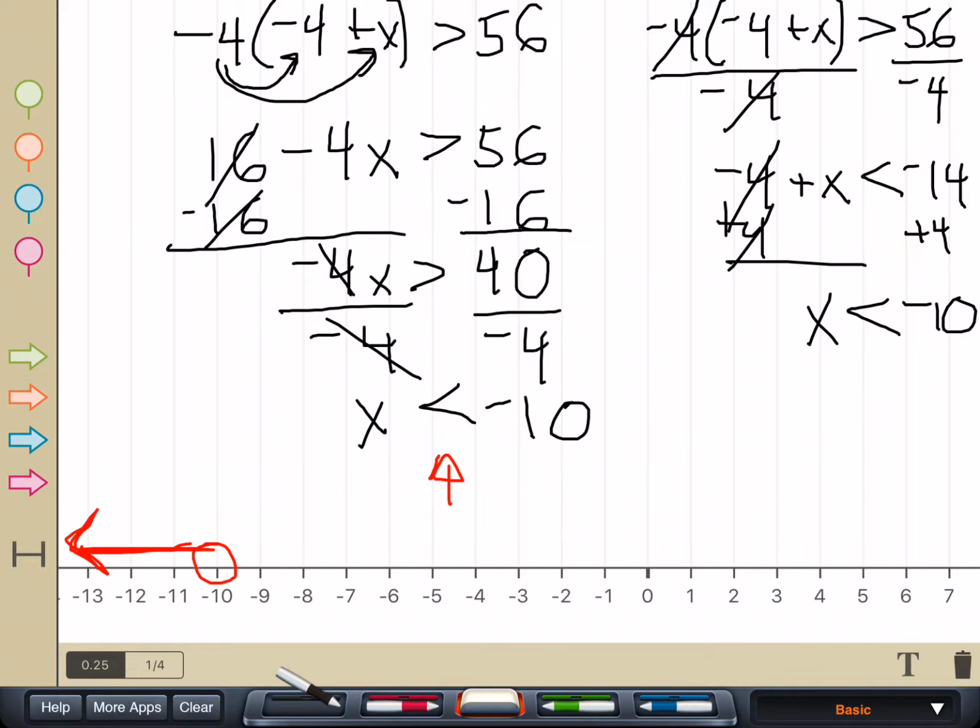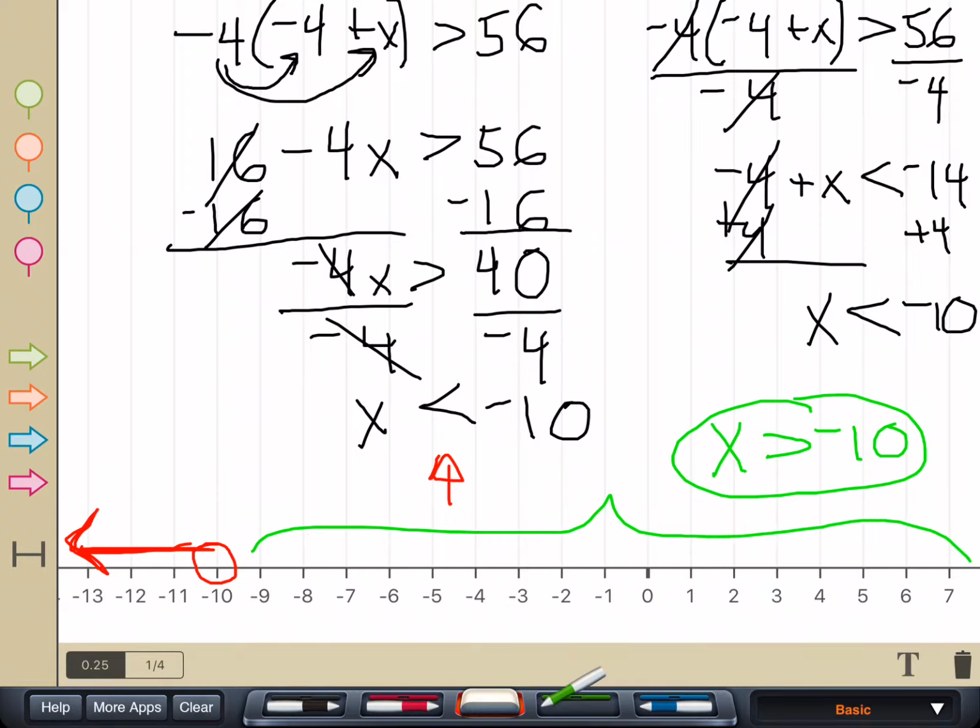Now, if we did not switch the inequality, if we kept x is greater than -10, we would be saying that any number here would make the inequality true. So let's see how that works. Let's pick a random number. Let's say we're going to pick -4. So if I put a -4 here where x is, I'm going to end up with -4 plus -4, which is -8.